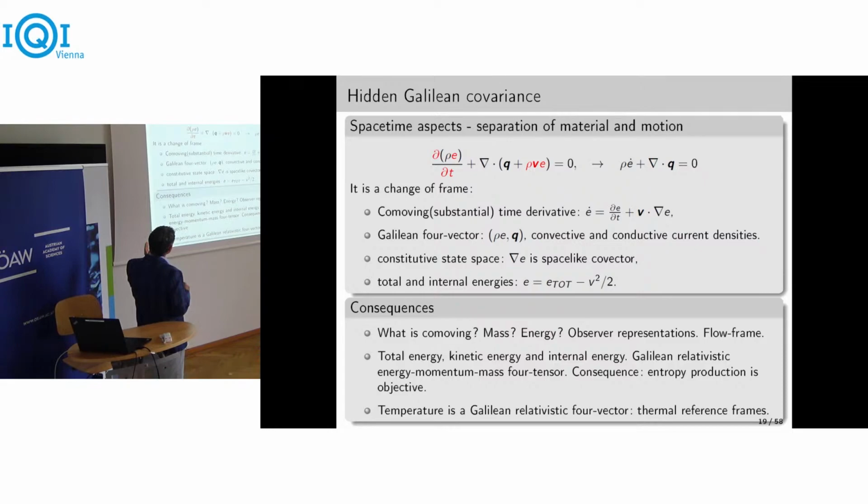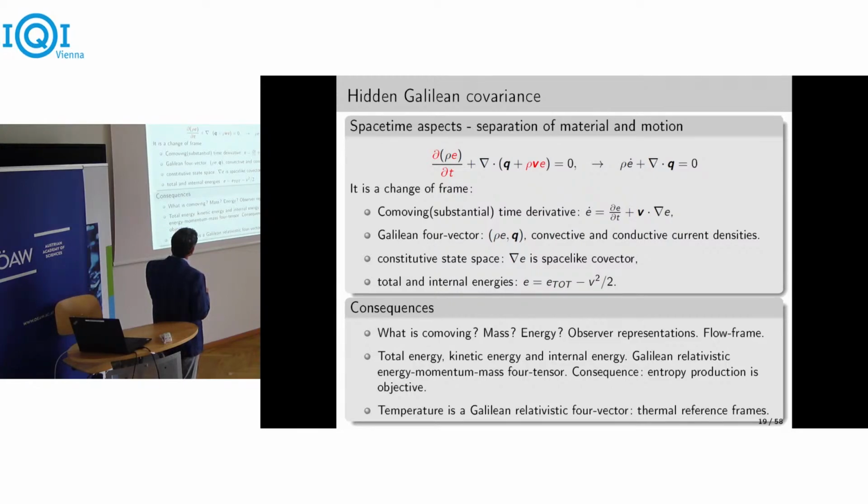And you see that the time derivative is a partial time derivative, so this is a laboratory frame that we have here. And what I have here is a transformation of the time derivative between the co-moving and laboratory parts.